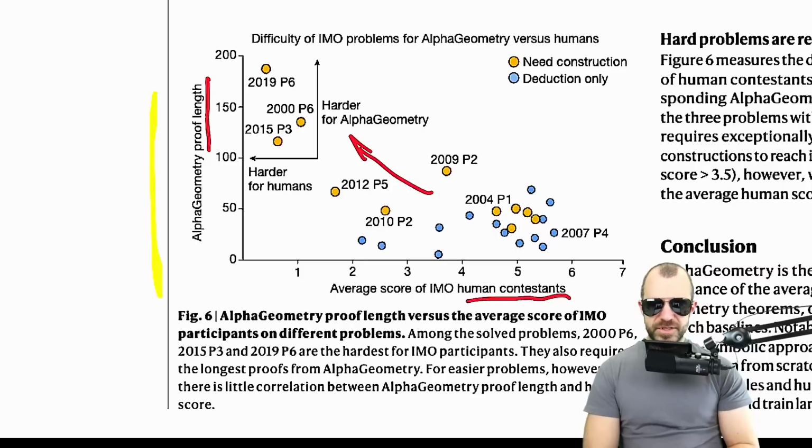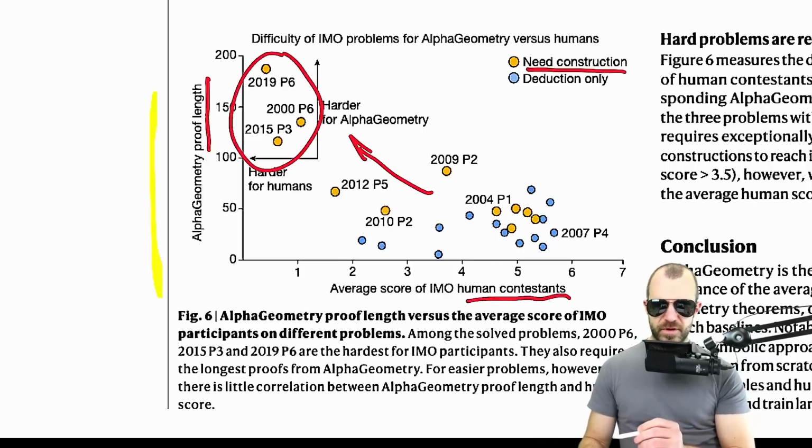But then again, if you consider that the amount of actual different things you can do in this domain is very limited, it does make sense that the main way you can introduce difficulty into this domain is just by making the required proof steps longer. And you can also see that all of these very difficult problems did require some sort of construction.